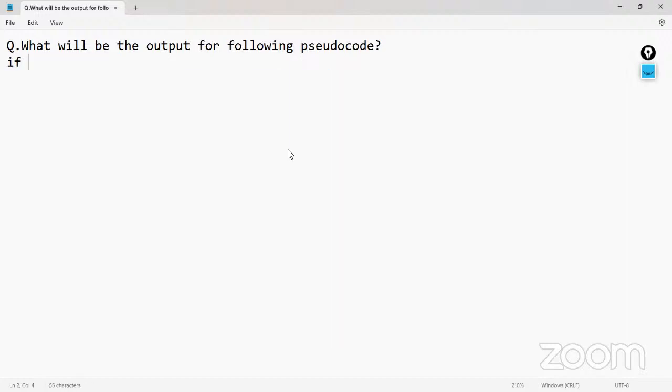And here we have A equals 7, B equals 5, and C equals 3. And this is the function.